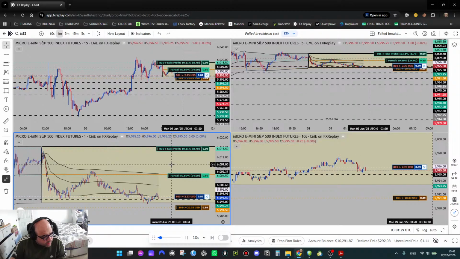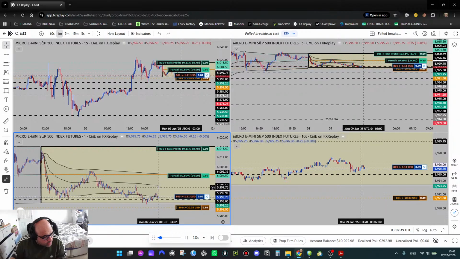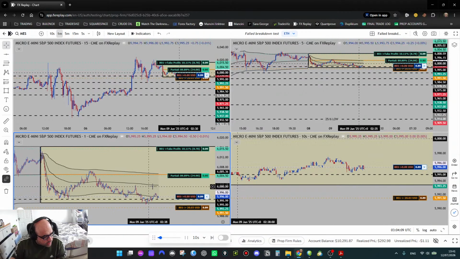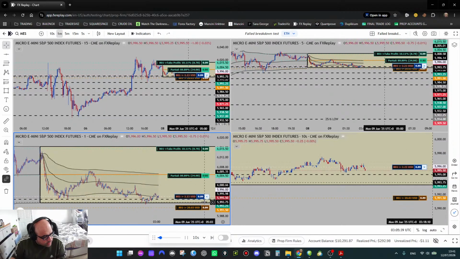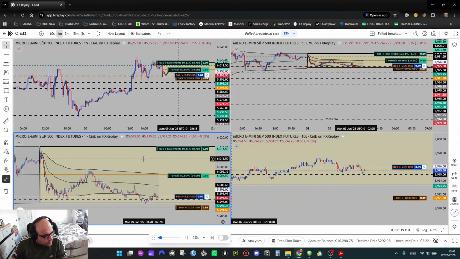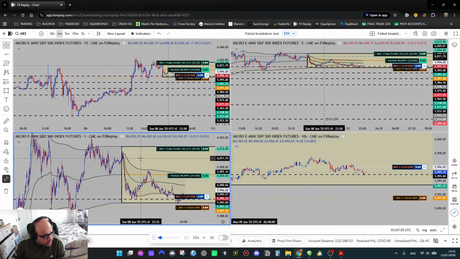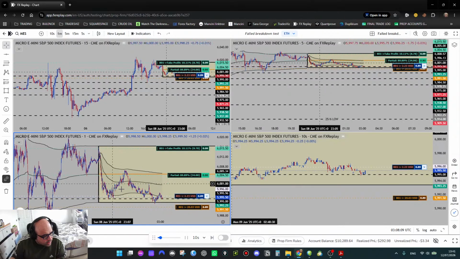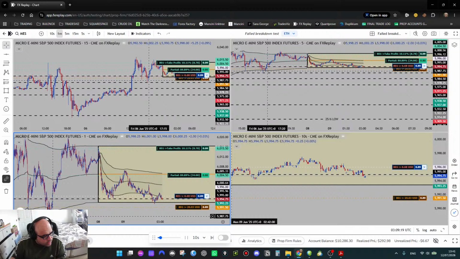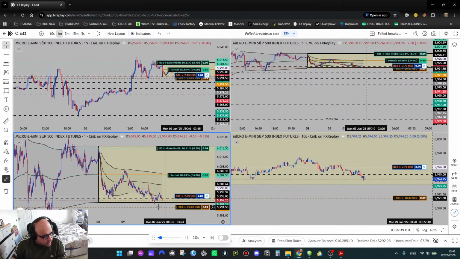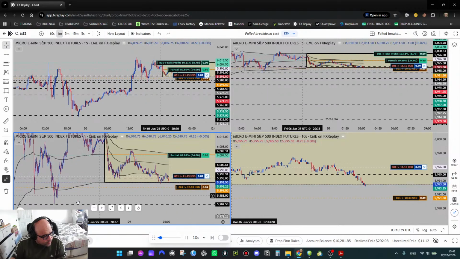We may be taken out in this trade if we hit the VWAP again and do an imbalance down continuation. That tends to happen, especially if we are in a slower grind pullback into these lows. So that's why I say we may fail, because we may be targeting these lows.